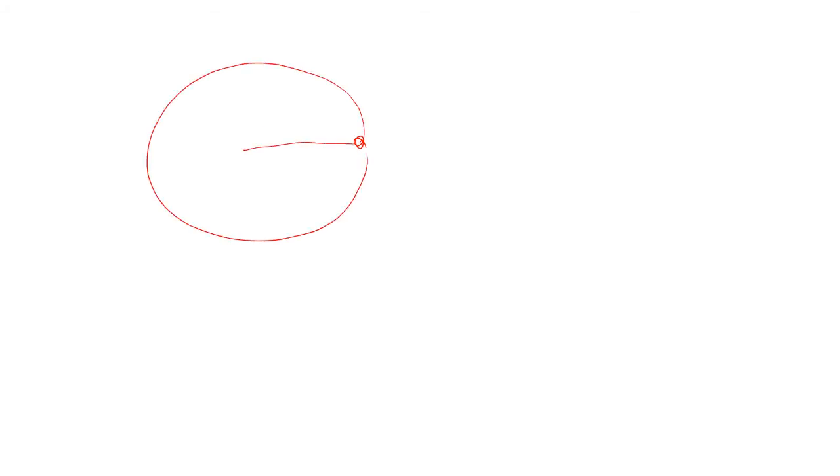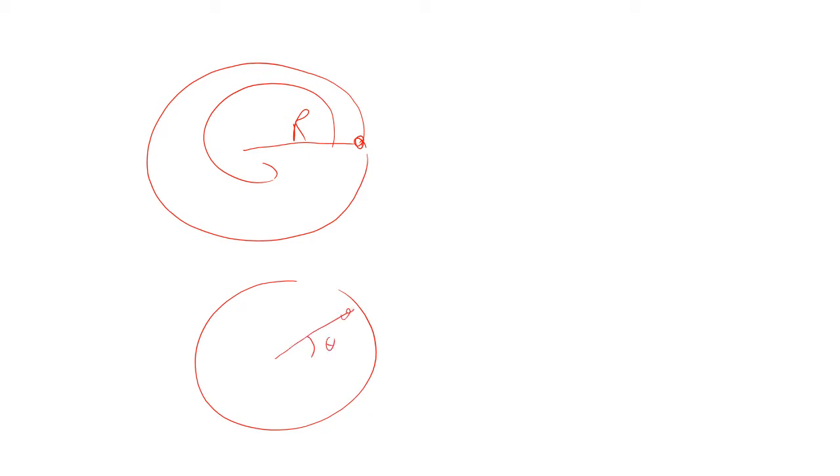Okay, so we're going to call radius r, this thing's going around. So as it's going around here, theta equals omega t. So it's going at constant angular velocity.